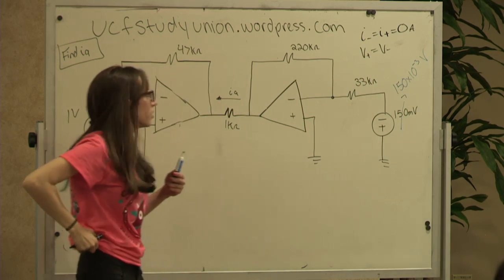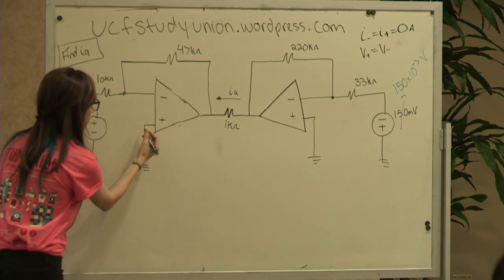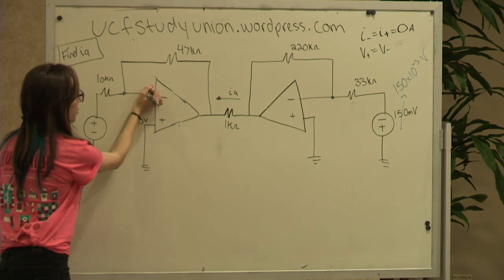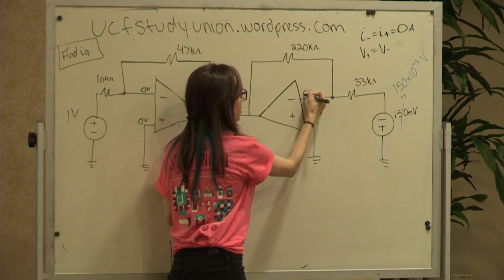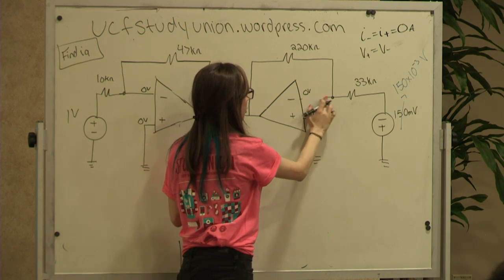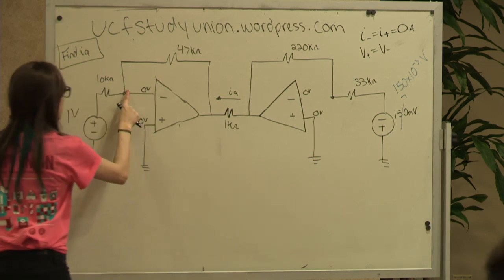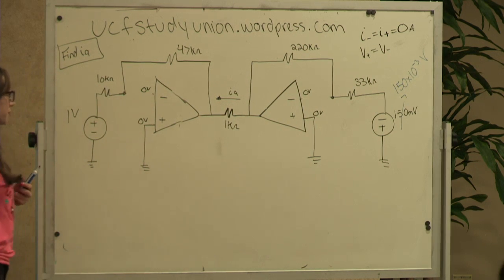That's always the case. So V plus here is 0, so up here is 0. Likewise, ground is 0, so therefore this is 0. And there's no current, so this is kind of open.